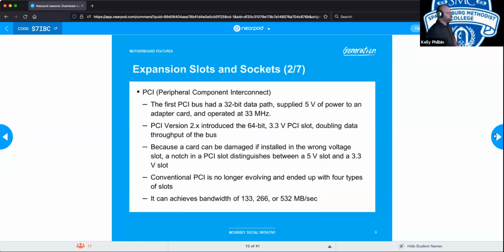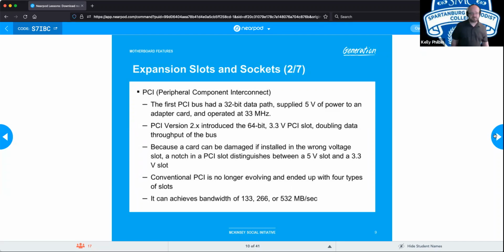All right. This was one we touched on briefly yesterday: the general expansion slot, the PCI, or peripheral component interconnect. Originally, this one had a 32-bit data path, and it required 5 volts of power to operate.